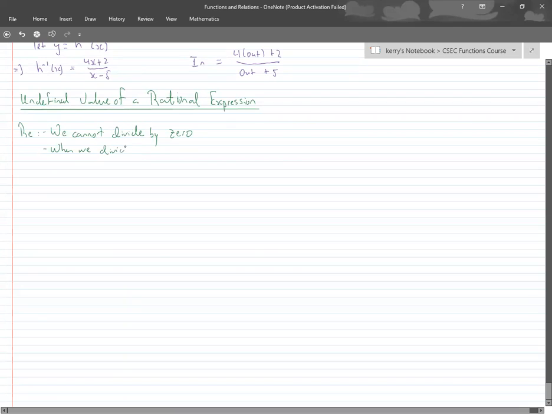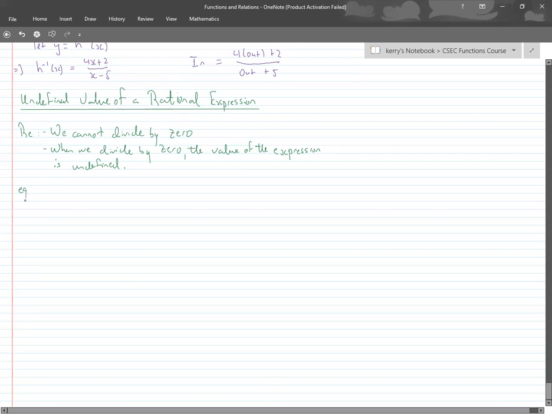When we divide by zero, the value of the expression is what we call undefined. And that's what we mean by the undefined value of a rational expression.